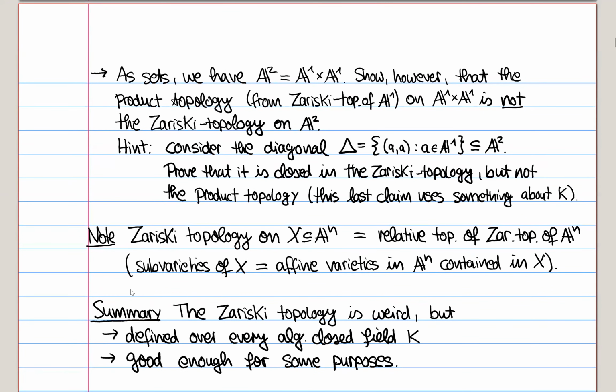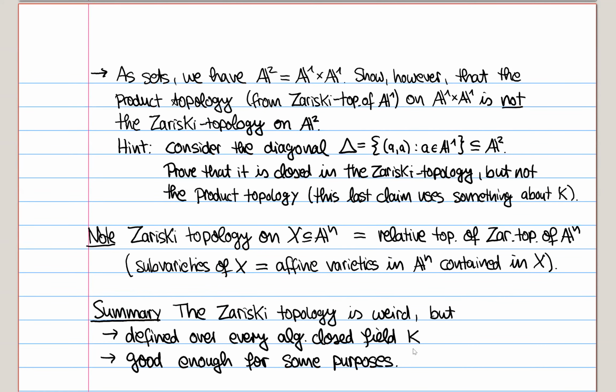But let me skip to the summary here. The Zariski topology is weird. That has been demonstrated by the exercise, but it has two great features. First of all, it is defined over every algebraically closed field K. If we want to develop a theory like algebraic geometry, which reflects as large a part of commutative algebra as possible, then when we want to define a topology, we can only work with what we have, namely functions, their maps to the base field, and so on.